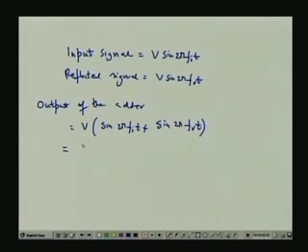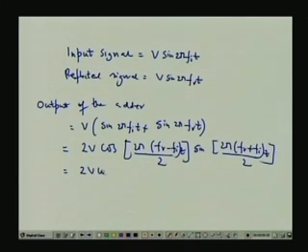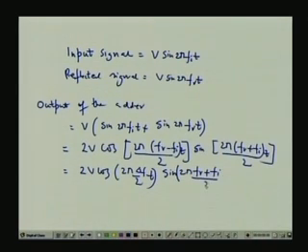So, this I can simplify as 2V cos of 2 pi (Fr minus Fi) by 2 into T multiplied by sin 2 pi (Fr plus Fi) by 2 into T. So, this will give you 2V cos of 2 pi delta F by 2 into T multiplied by sin 2 pi (Fr plus Fi) by 2.